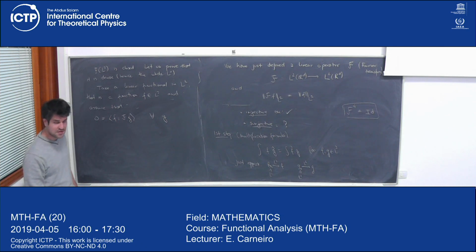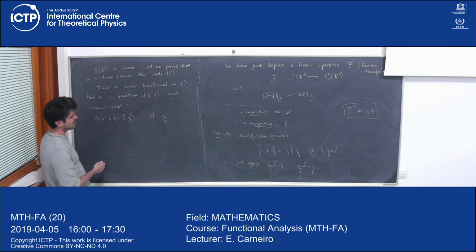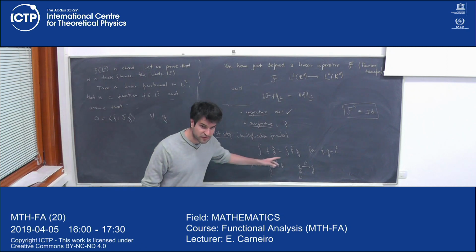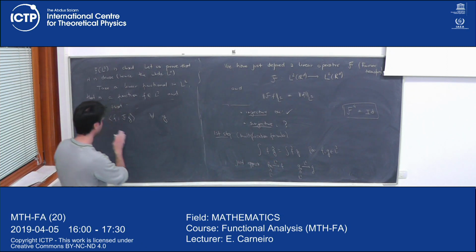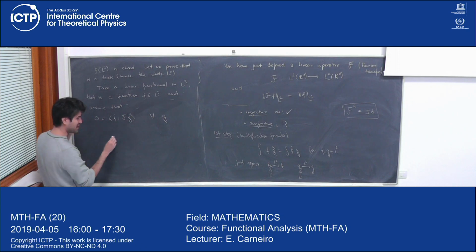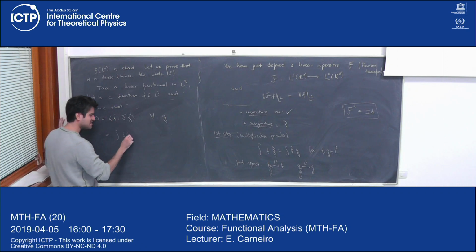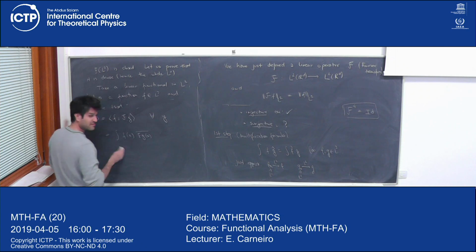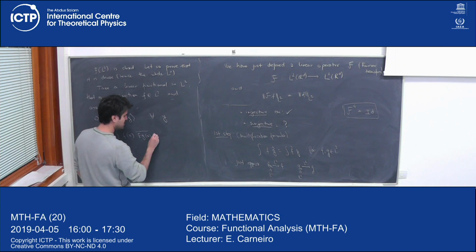The way you conclude that f is 0 is essentially by the multiplication formula here. You have to be a little bit careful because this inner product, being complex, implies that the integral of f(x) times g(x) bar dx is 0.